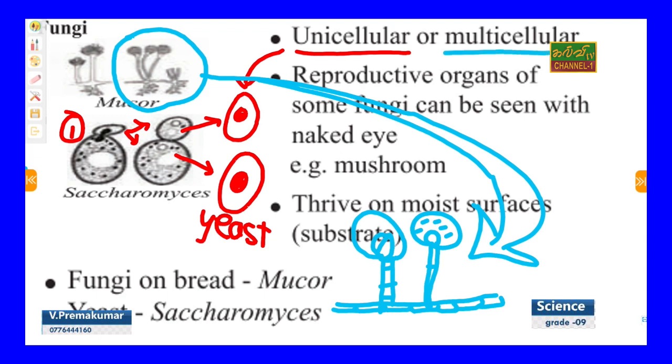Multi means here there are so many: 1, 2, 3, 4, the blue color diagram. There are small cells here, small cells with a nucleus. Inside the cells we can find a small nucleus.